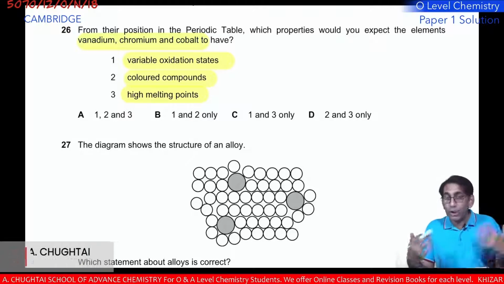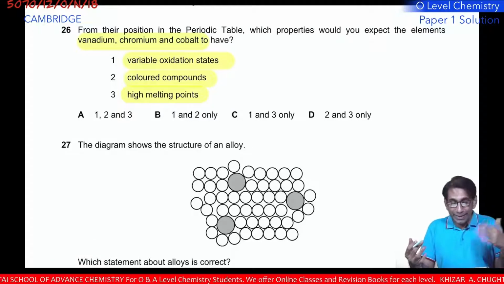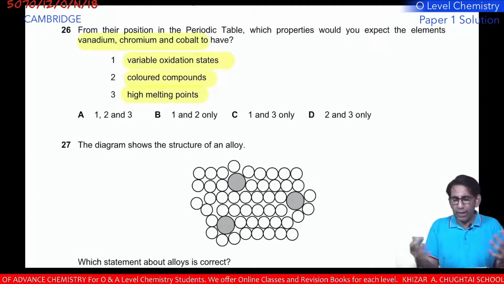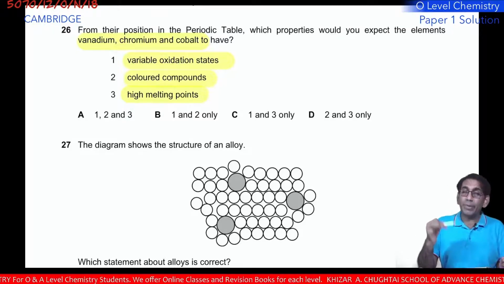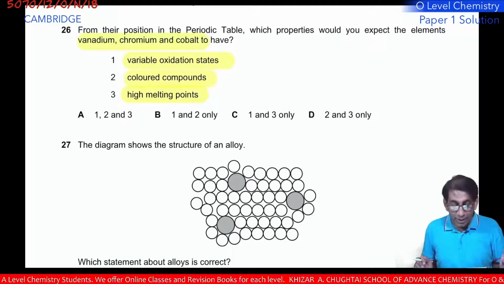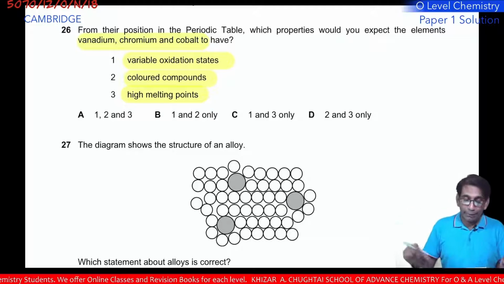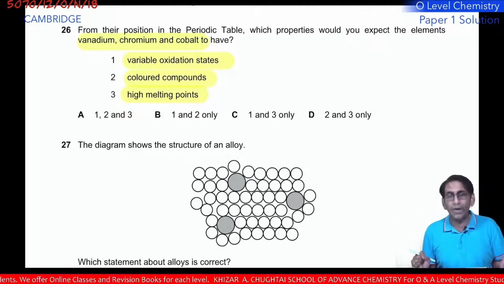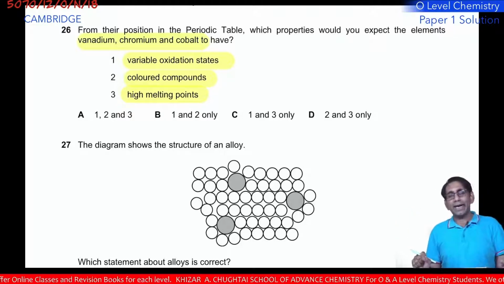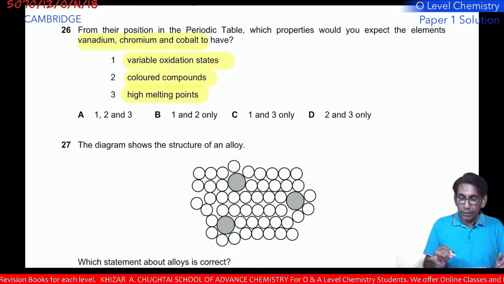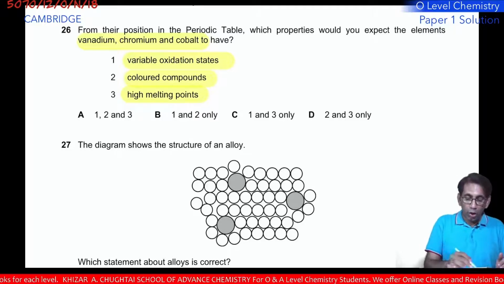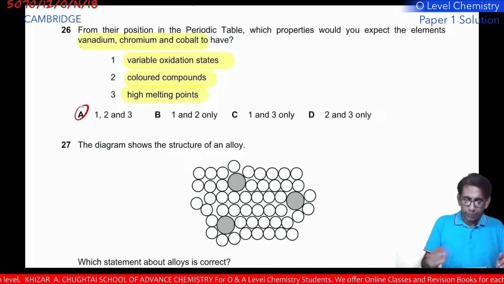That is a common property of metals, but these are typical metals, and they also have high boiling point, high density, colored compounds, variable oxidation state. They can act as catalysts as well. So 1, 2, 3, all options are correct.